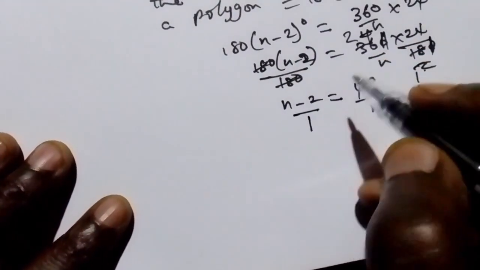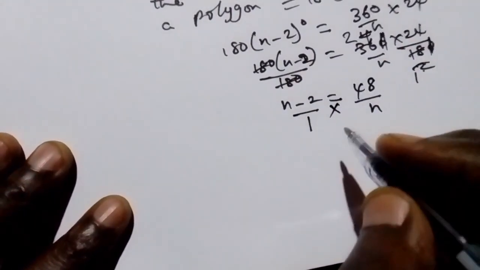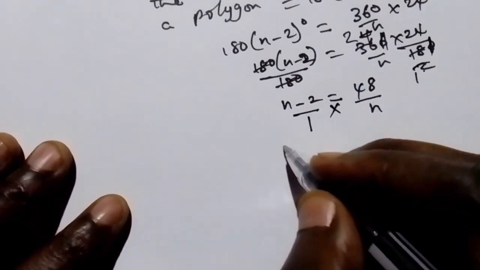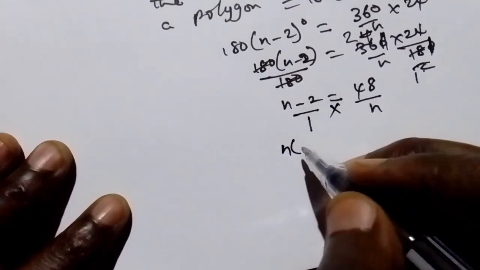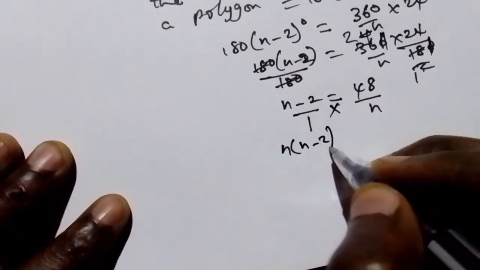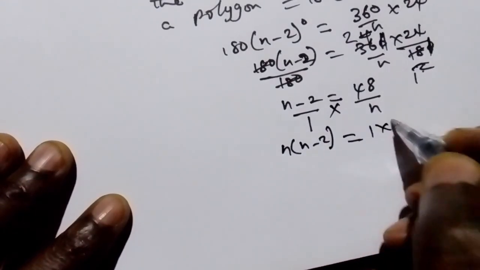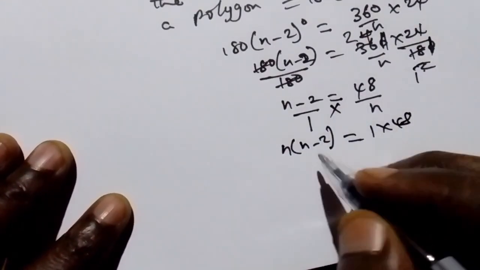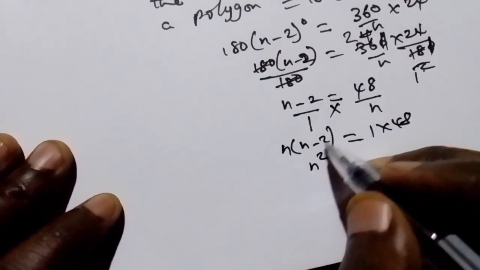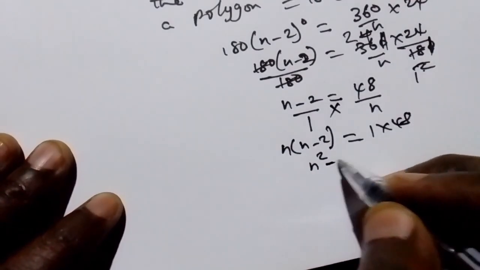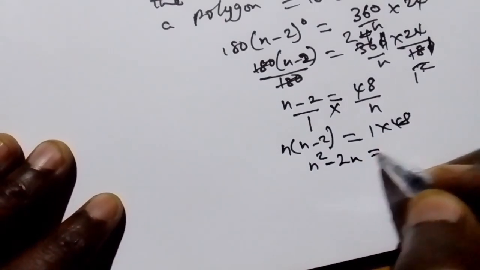We can cross multiply. n into n minus 2 is equal to 1 times 48. n times n is n squared, n times negative 2 is minus 2n, equal to 48.